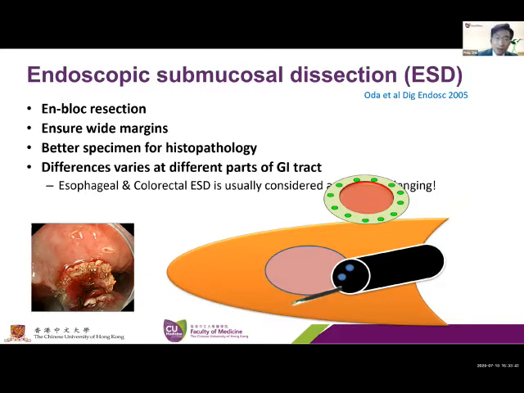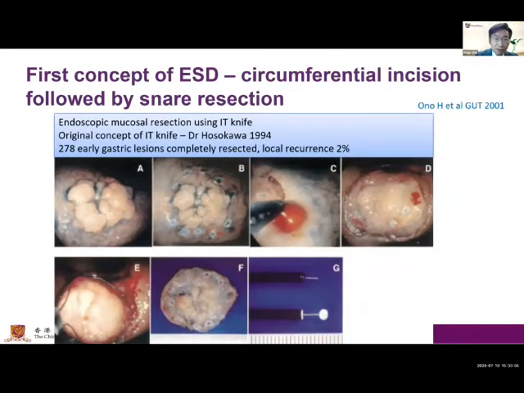There may be some differences in the various parts of the GI tract in applying this technique, but it can generally be applied for the treatment of early GI cancer in the whole GI tract. This is the first concept of ESD, reported by Dr. Ono from Japan. With the hybrid type of ESD, out of 278 early gastric lesions, the local recurrence rate was just 2%.